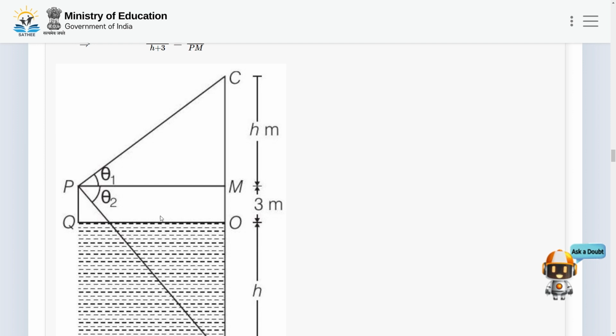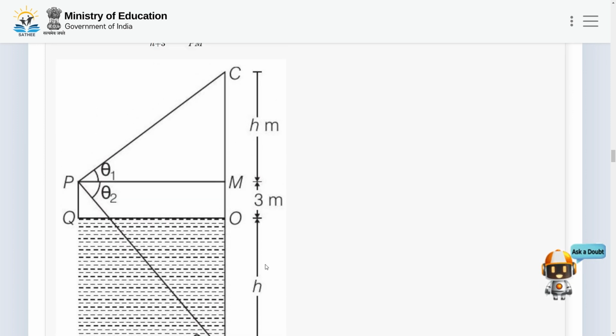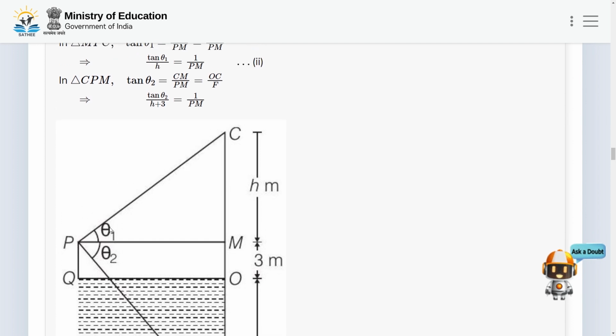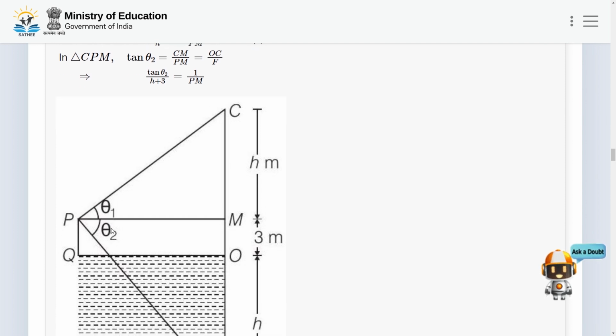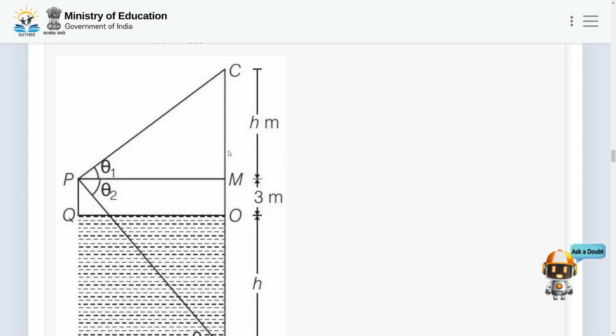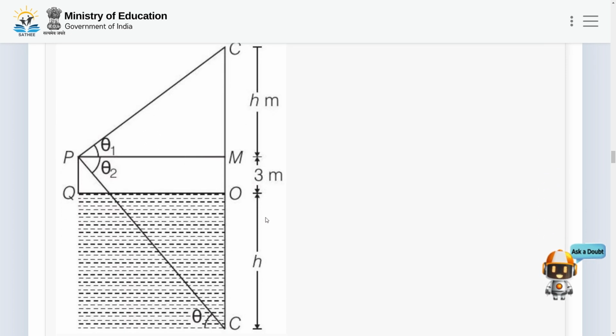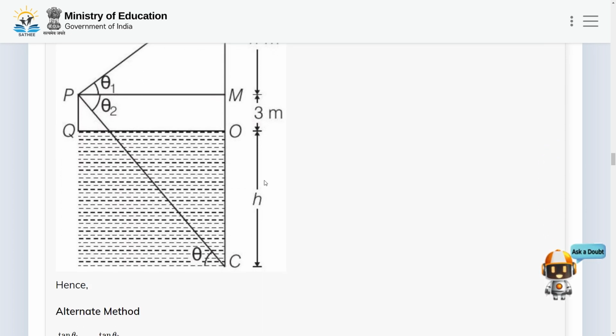And now from this triangle CPM, the angle of depression is theta 2. Here tan theta 2 is equal to CM by PM, and here this is equal to OC by f, and it implies tan theta 2 by h plus 3 is equal to 1 by PM, since CM is equal to h plus 3.